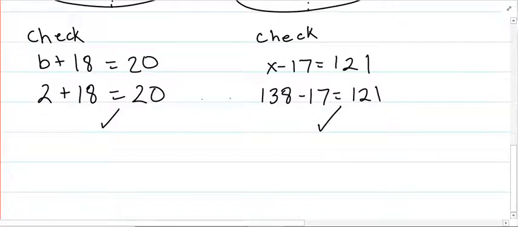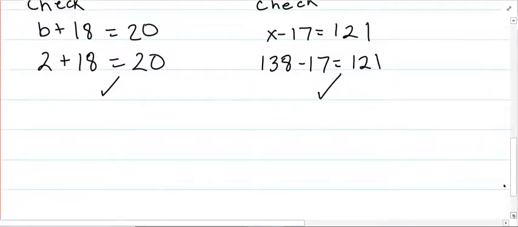Let's do 2 more one-step equations. I want you to try these on your own. You're going to write down the problem and write down what you do to solve it. Don't just answer in your mind. So for number 3, our problem is going to be the letter A over 5, or A divided by 5, equals 6.